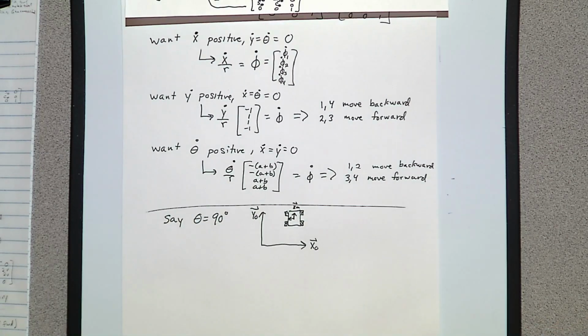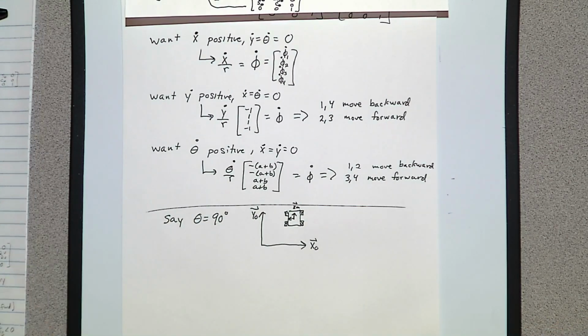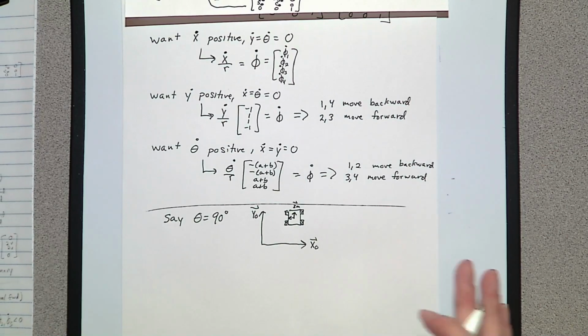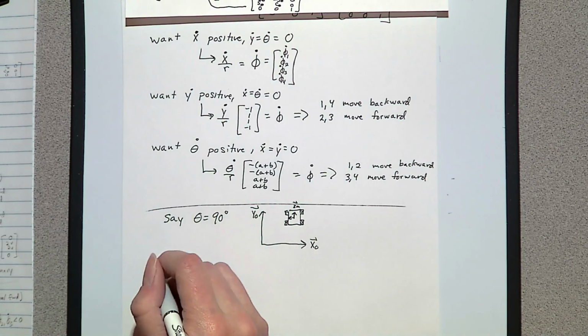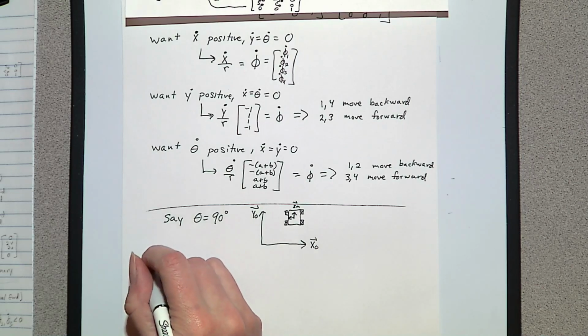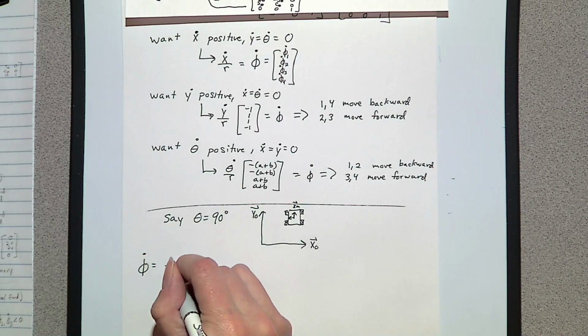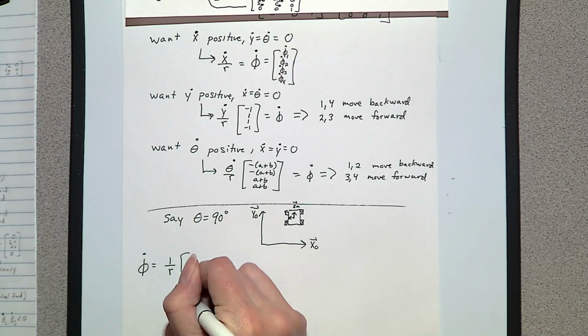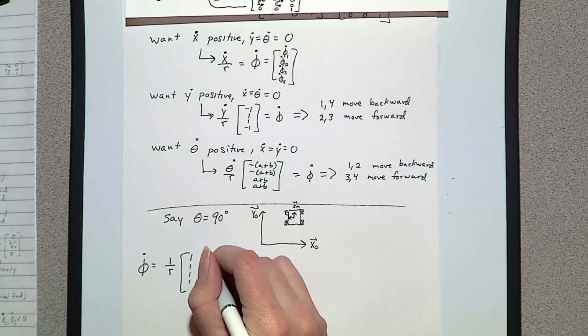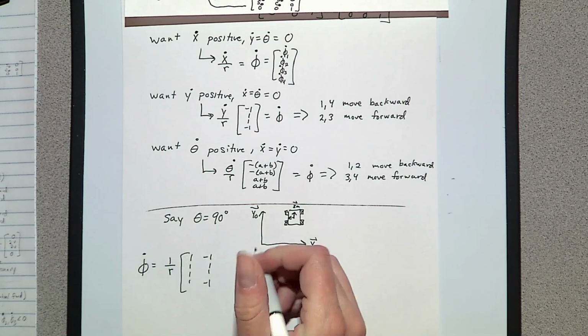And so in this case, let's say then, right, so first we need to do the corrections. We have theta dot equals 1 over r, 1, 1, 1, 1, minus 1, 1, 1, minus 1.